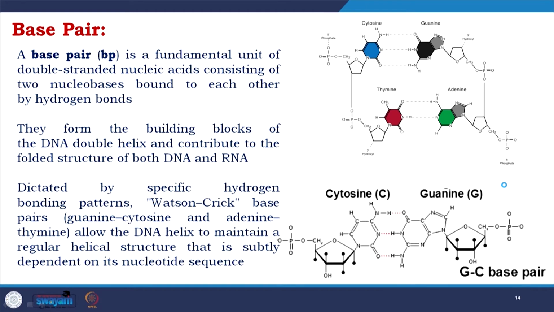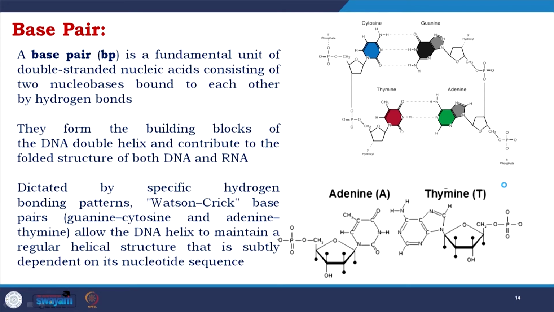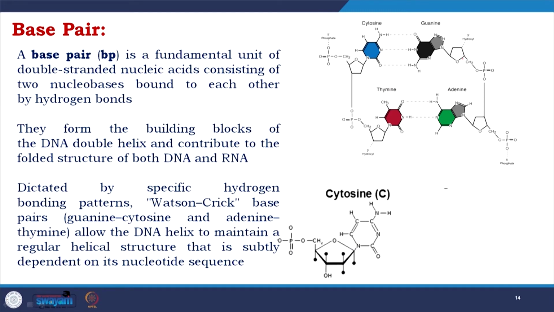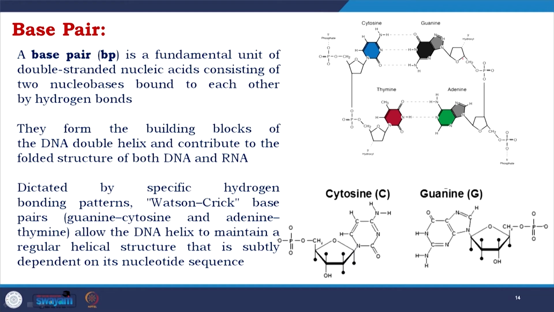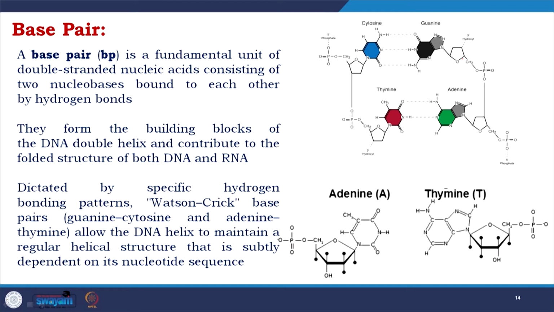Dictated by a specific hydrogen bonding pattern, Watson-Crick base pairs allow the DNA helix to maintain a regular helical structure that is subtly dependent on its nucleotide sequence. So, if you see, there are 3 hydrogen bonds between cytosine and guanine and 2 hydrogen bonds between thymine and adenine. And here is the animation, you could see how they are forming.